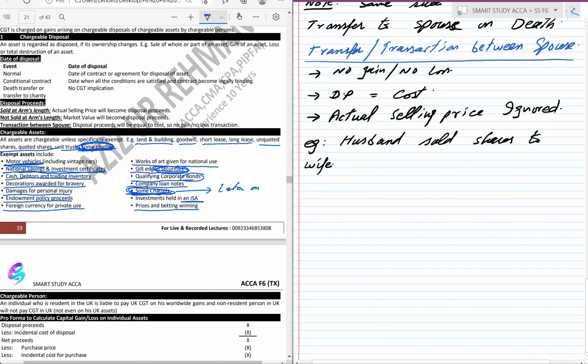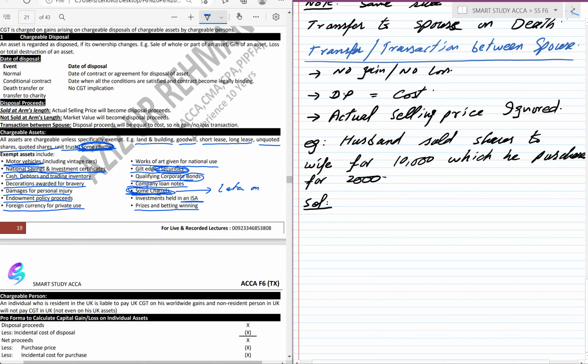Husband sold shares of a company to his wife for £10,000, which he purchased for £2,000.